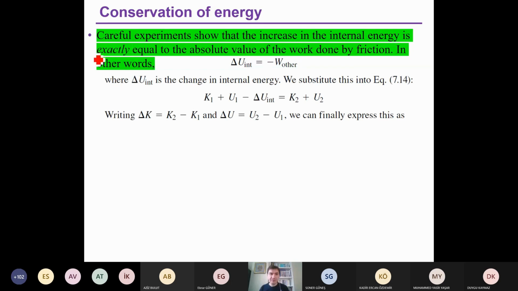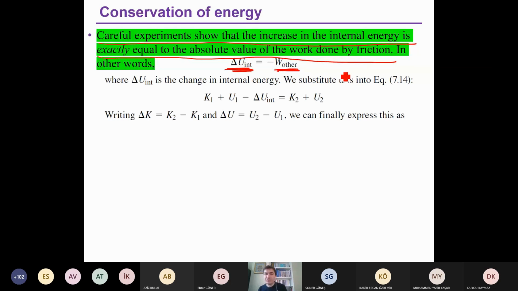Careful experiments show that the increase in the internal energy is exactly equal to the absolute value of the work done by friction. In other words, W other here, the work done by friction, is equal to the change in the internal energy of the system.